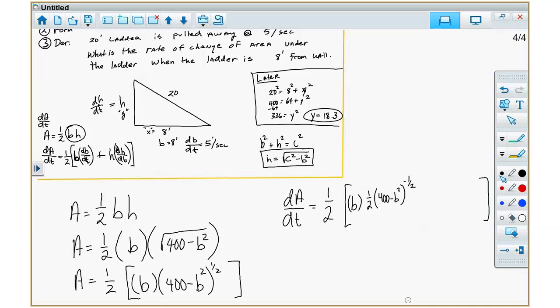And then what's the derivative of what's inside? Negative 2b. And then that's going to be what? dB/dt. First times the derivative of the second plus the second times the derivative of the first.